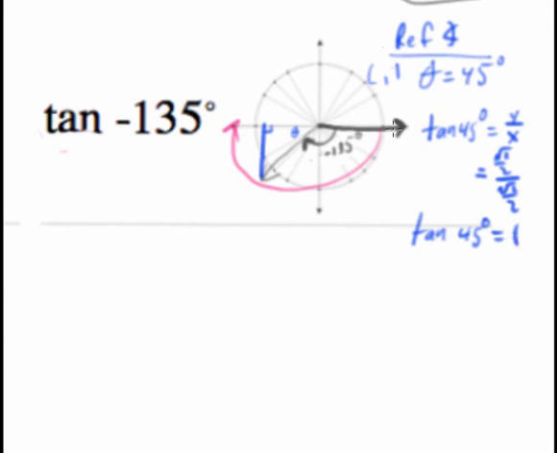However, again, we need to find the tangent of negative 135. And because this is quadrant 3, we know that the tangent is positive in this corner as well. And so the answer is tangent of negative 135, and I keep missing that one, is 1.